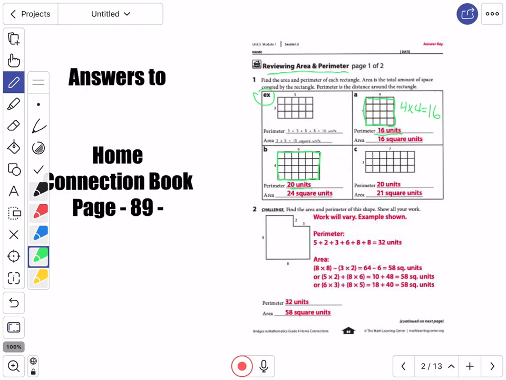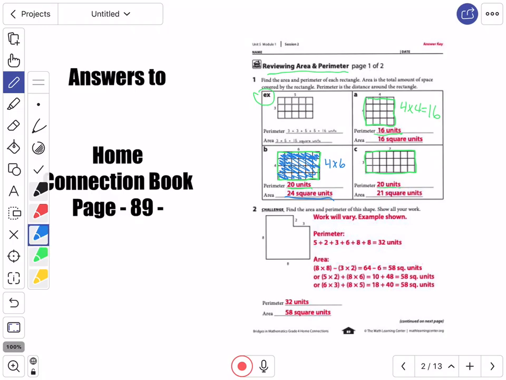For B, the perimeter around, you would have 4 plus 6 plus 4 plus 6, and that would be 20 units. And the area inside would be 4 times 6, which would be all of this space, or if you just counted how many squares there were, that would be the area, which would be 24 square units.